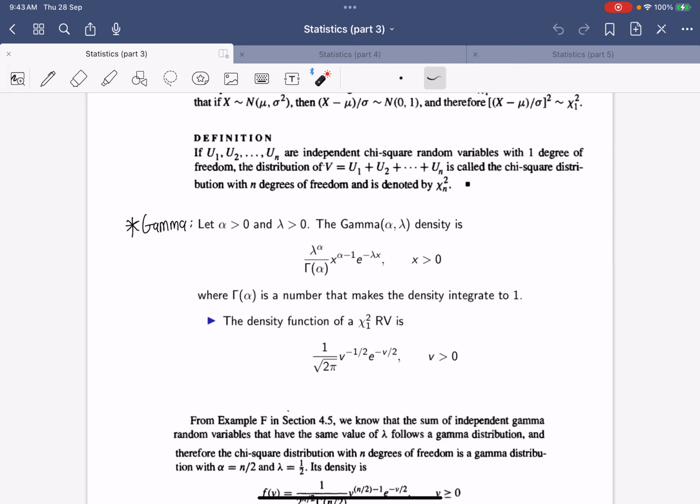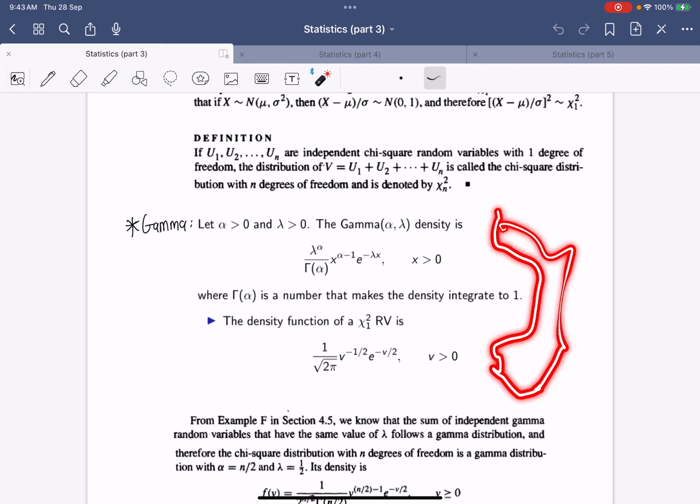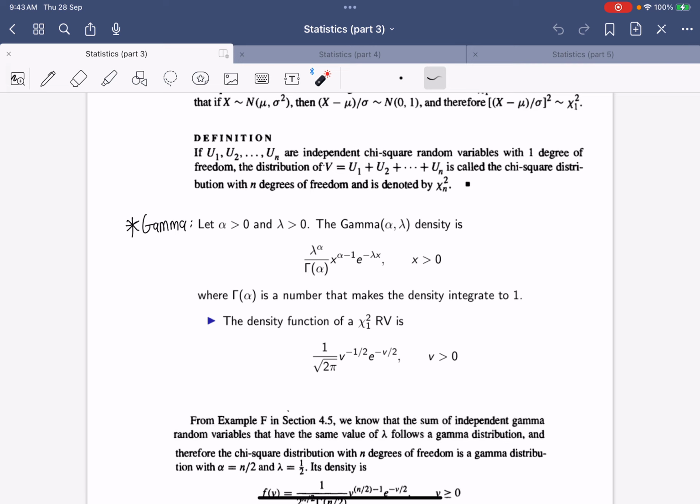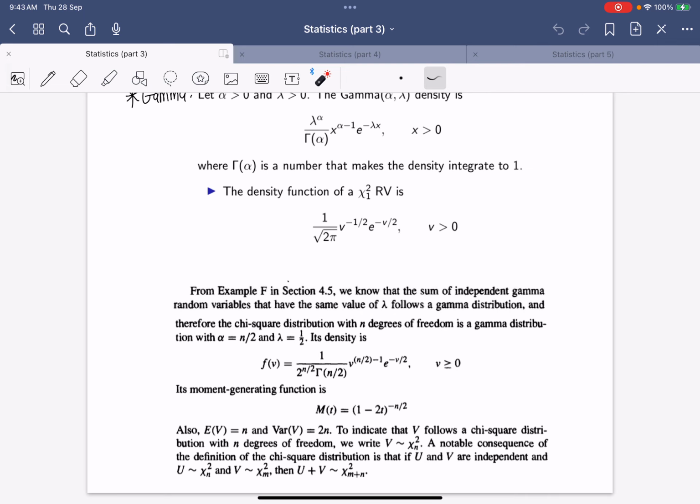And so why is it a special case of the gamma? Here's a preview of what a gamma distribution looks like. So this is a gamma density, and a chi-squared with degree 1 is when you just put in half here, then everything fits nicely.